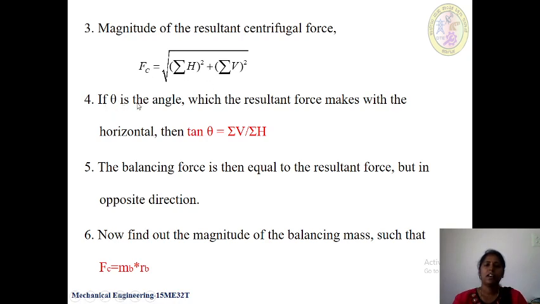If theta is the angle the resultant force makes with the horizontal, then tan theta is equal to sigma V by sigma H. Fifth, the balancing force is equal to the resultant force, but in the opposite direction. Now, to find the magnitude of the balancing mass, Fc is equal to mb into rb.